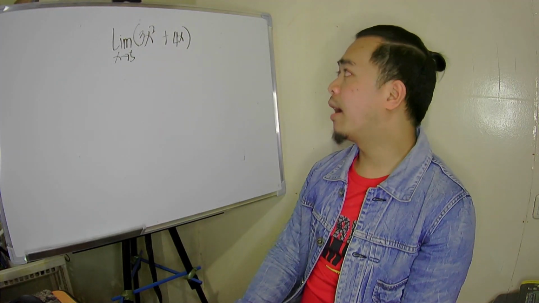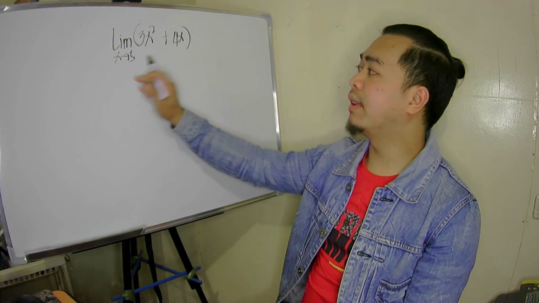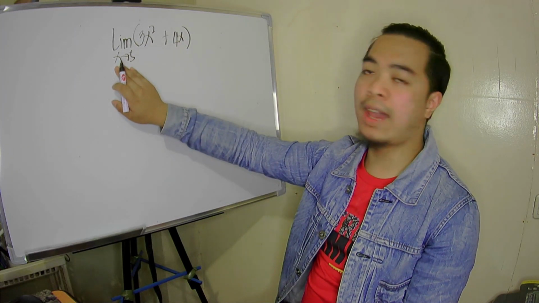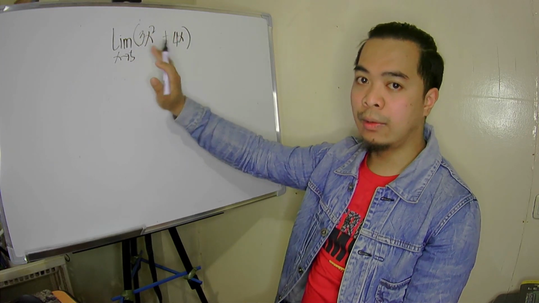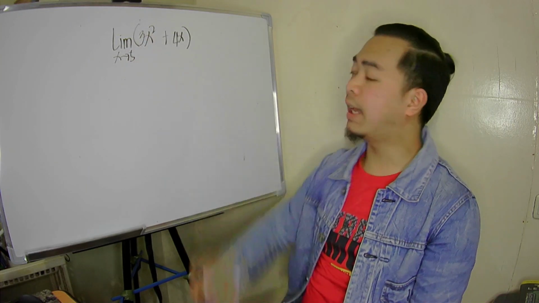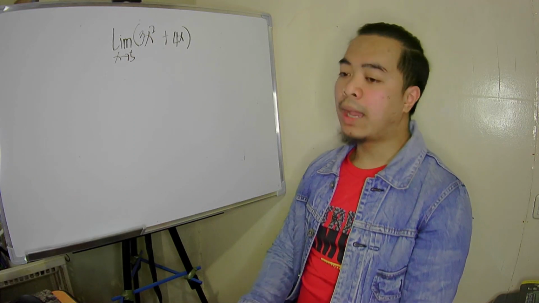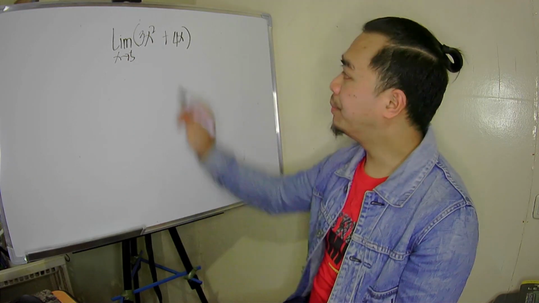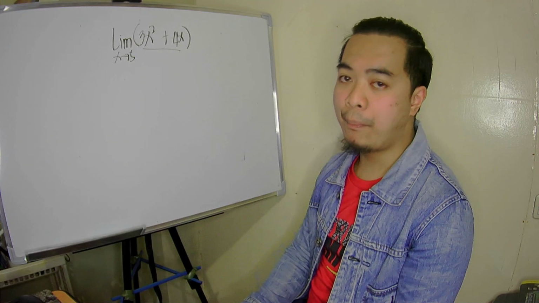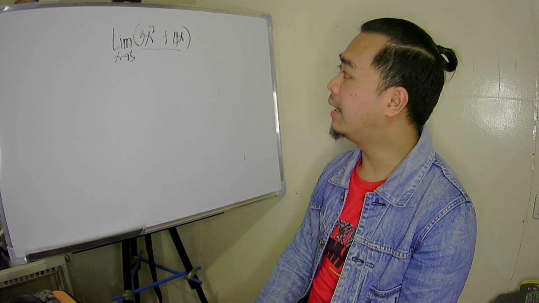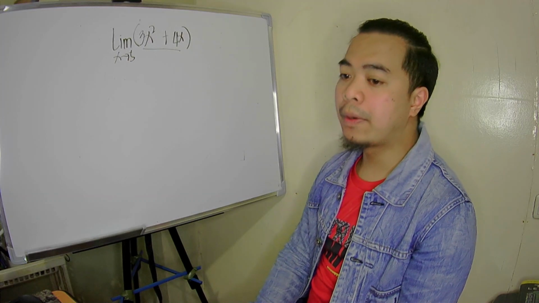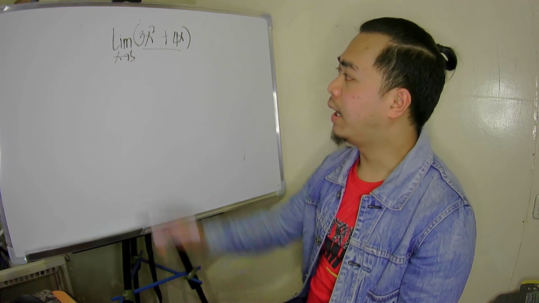Do we have to graph 3x squared plus 4x and then get numbers from the right and left of 5 just to answer the limit? Or kung ano yung ina-approach ng function na yan? No, we can actually apply some of the properties here because our function is a sum. That's obviously a sum kasi plus naman yung operation in between them. We can apply property number 3.